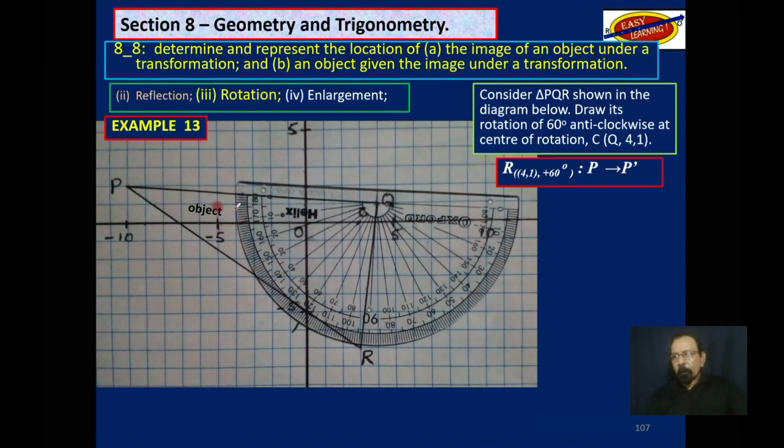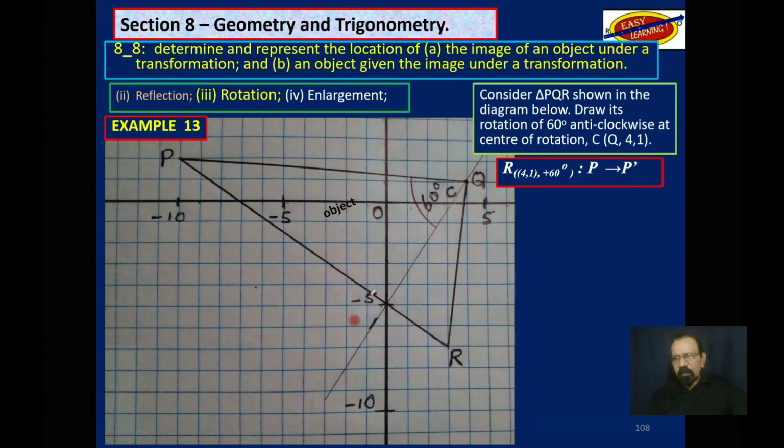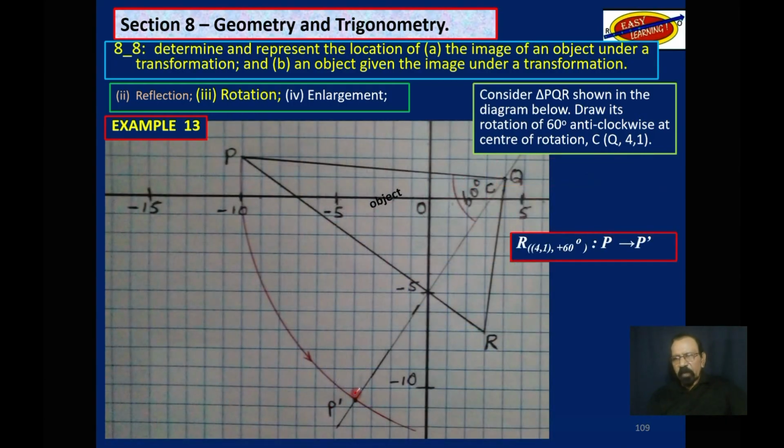So from P to Q, you measure 60 degrees this way. That's 60 degrees. And now you will draw an arc, taking that measurement, coming down this way, which would give us P prime.